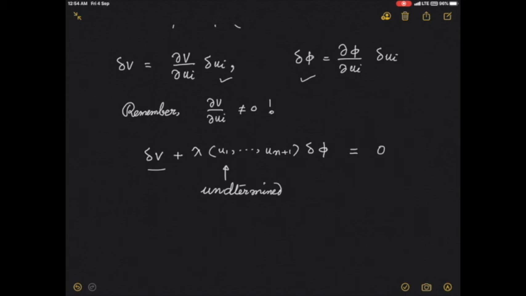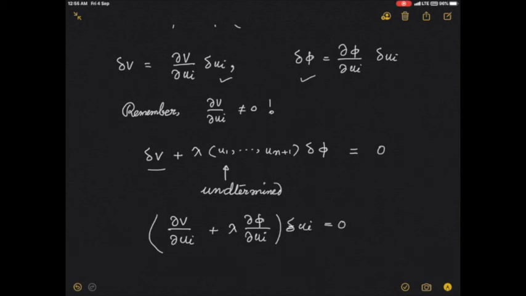And now if I write in terms of the partial derivatives, I get that del v del ui plus lambda times del phi del ui, this times delta ui is 0.